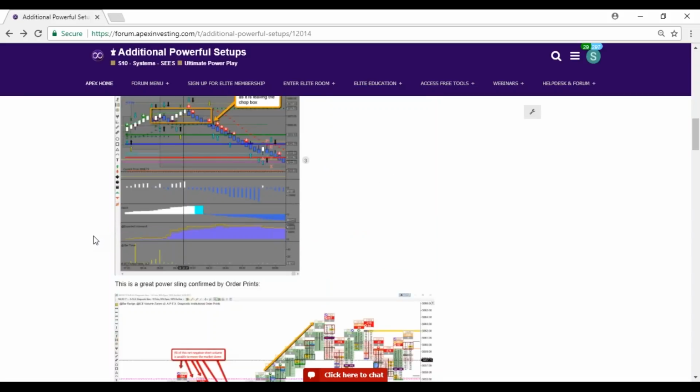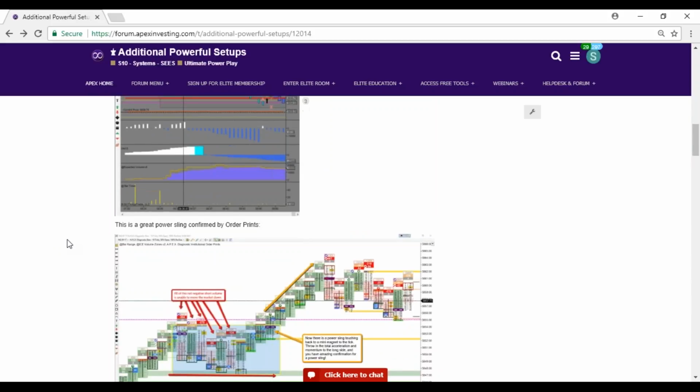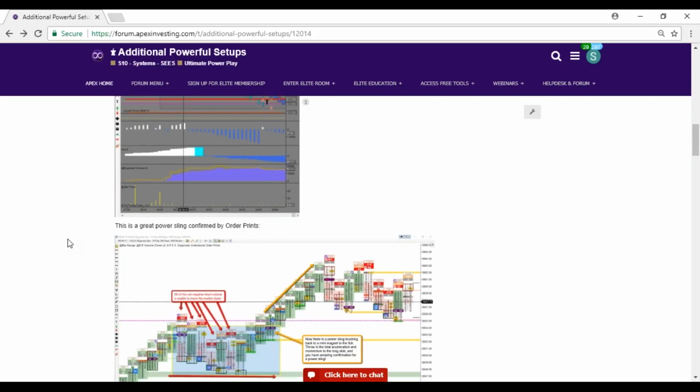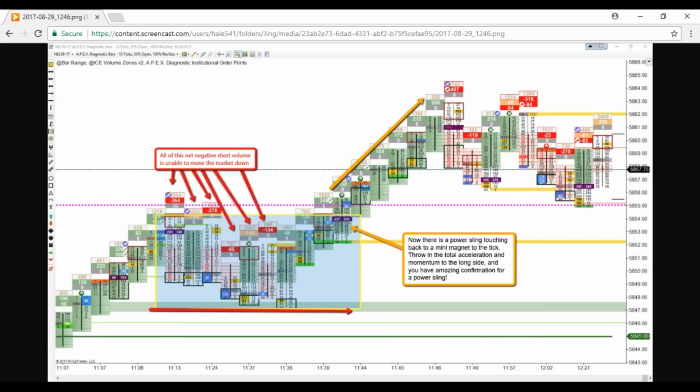Okay? Lori did a great job, her and the guys, of getting these screenshots together and got them marked up for us. So here's a great power play sling confirmed by order prints. Now, I'm going to utilize this same exact screenshot in our webinar we do Friday about trailing stops, and I'm going to utilize this in some of our order prints advanced training, because when you really start to see this picture and read order prints like this, things start to become a little clearer to you.